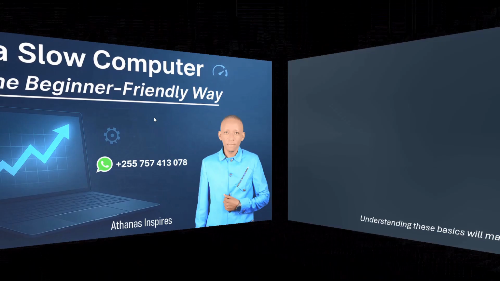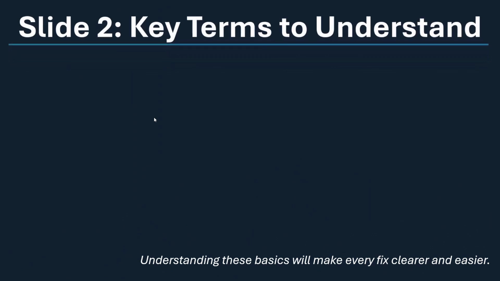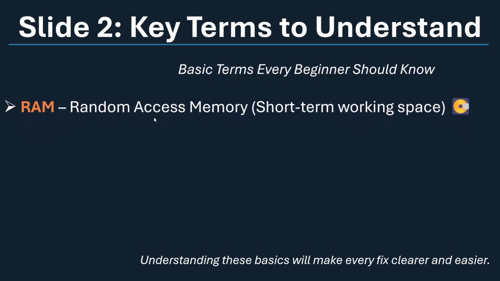Before we jump into fixing your computer, there are a few basic terms we need to understand. These are the building blocks, and once you know them, everything that follows becomes simple and clear. Number one is RAM, Random Access Memory.